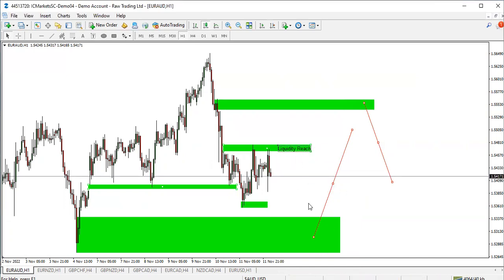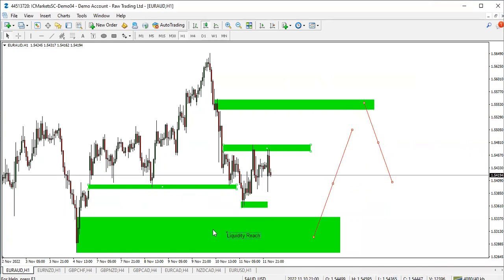The market has to come from here, take it out, and get to this swing point before I can think of selling. And for this buy, it has to come here, take out this liquidity, and reach for this liquidity here. It has already taken out this one. And then this green area here will be an area of interest for a buy.